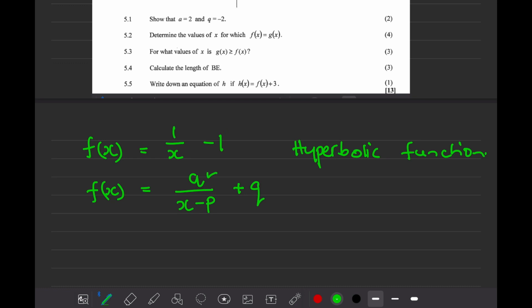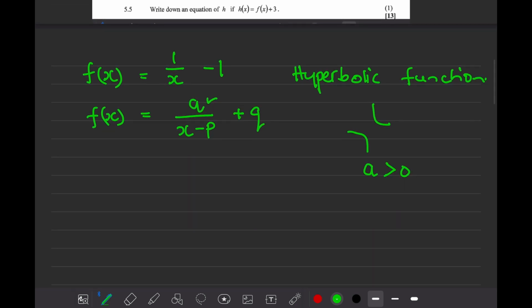And a here determines whether the hyperbola is going to be on the first quadrant and the third quadrant if a is positive, or the hyperbola can be on the second quadrant and the fourth quadrant if a is negative, right? So before you can even look at these, these are some of the things that you can just appreciate about the function that you have, right?